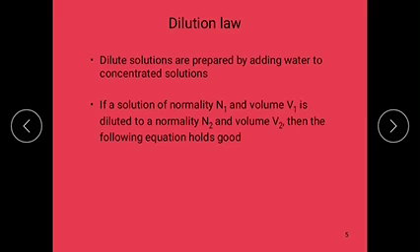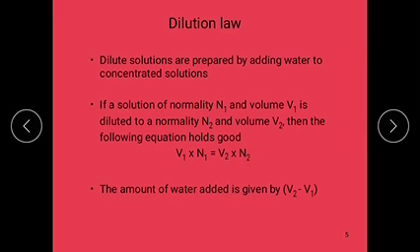If a solution of normality N1 and volume V1 is diluted to normality N2 and volume V2, then the following equation holds good: V1 into N1 equals V2 into N2. It is similar to the molarity dilution law, M1V1 equals M2V2.